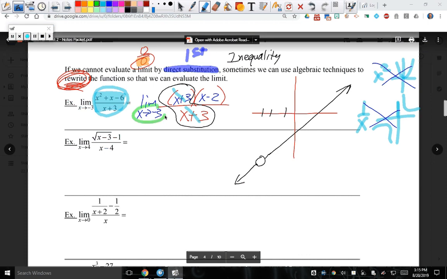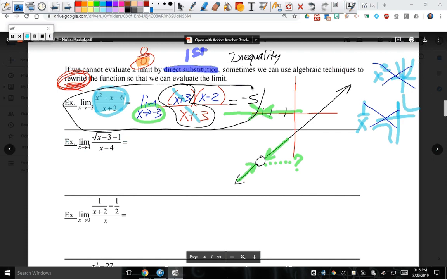let's approach negative 3 from the right and from the left on the graph. Can someone tell me what that answer would give me? Negative 5. So all of this is negative 5. Because remember, the limit is what the y value wants to be, not what it is.